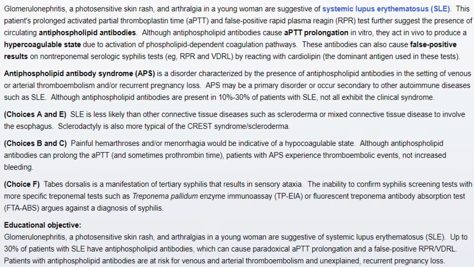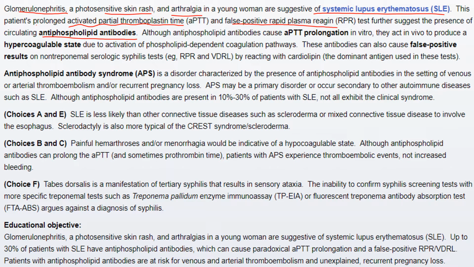Glomerulonephritis, a photosensitive skin rash, and arthralgia in a young woman are all suggestive of SLE, or systemic lupus erythematosus. This patient's prolonged activated partial thromboplastin time, or APTT, and false positive rapid plasma reagent test further suggest the presence of circulating anti-phospholipid antibodies.